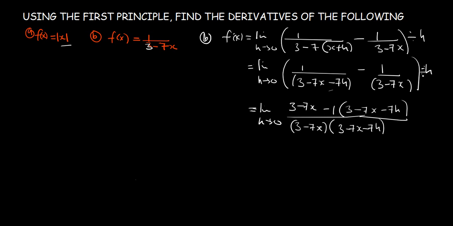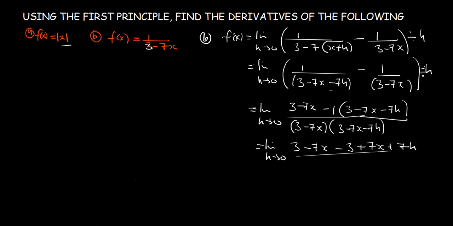Okay, so from there then again we say limit as h approaches 0. So we are just grouping the right terms now. 7x, that will be now negative 3. Then a negative into that will be positive 7x, then that will be positive 7h, like that.